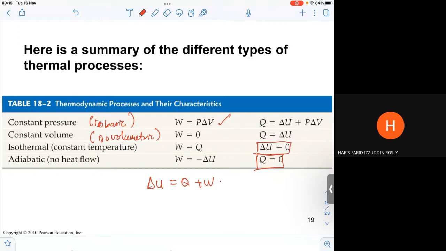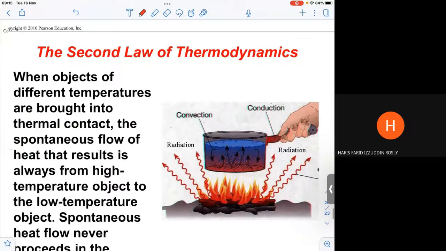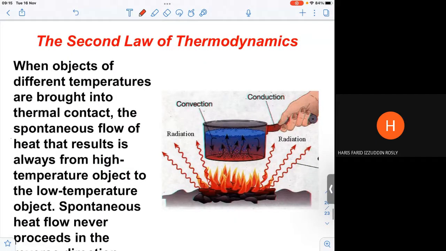For constant volume, W will be 0. So those are the key points of where you can start from using the equations, from the four thermal processes.